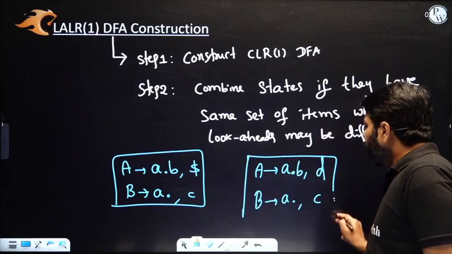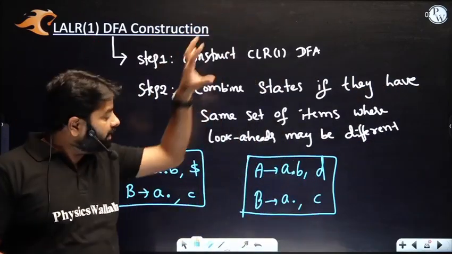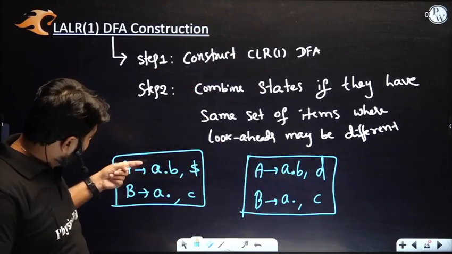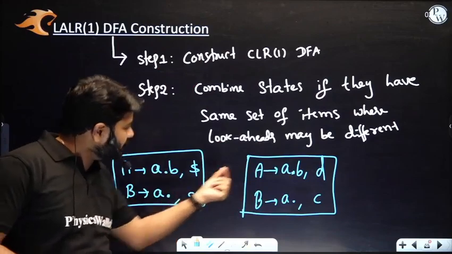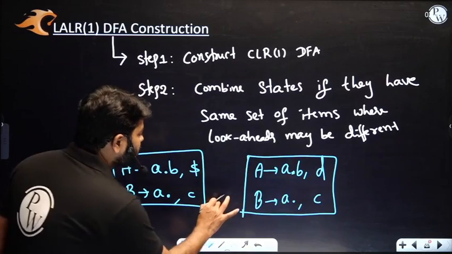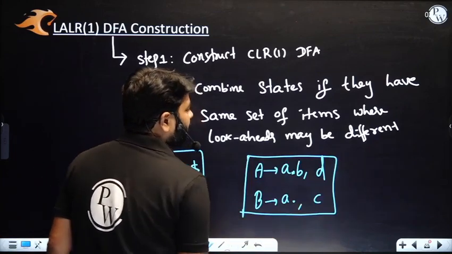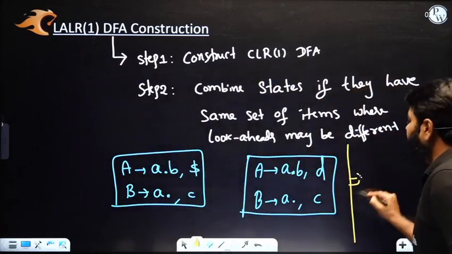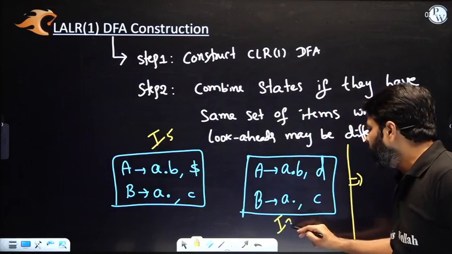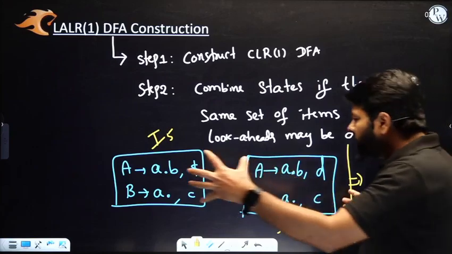These two are actually two different states in CLR1, but in LALR1, the same two items are there, the dot is in exactly the same position, only the lookaheads are different. Then these two states we are going to combine. Let's say this is I5 and this is I7. You make a new state, I57, just together as one state.